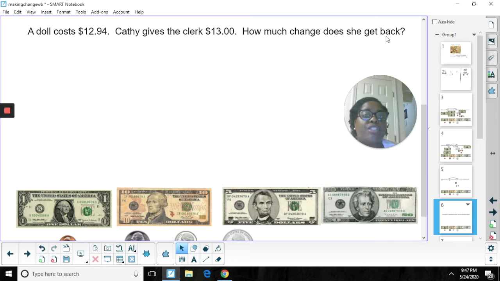How much change does she get back? So we're going to start with our coins first. We're going to figure out what our coins are going to be first. Okay, so we start in this ones place, and we're going to have to add a number here to make it be 10. It has to add up to 10. So what number would I put here? Did you say 6? And we already have our 9 there, right? So we're already going up to that next whole dollar, which is what? $13.